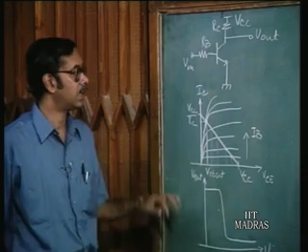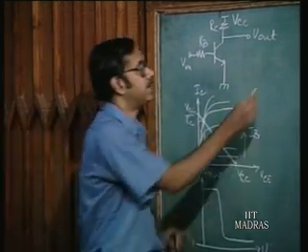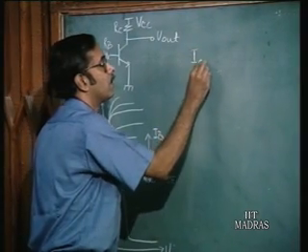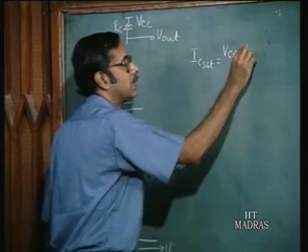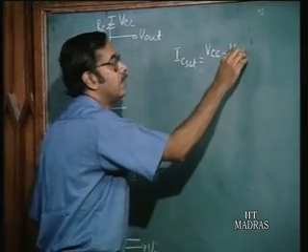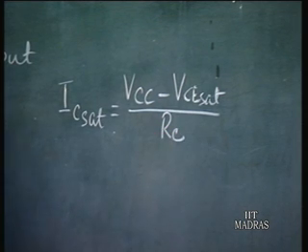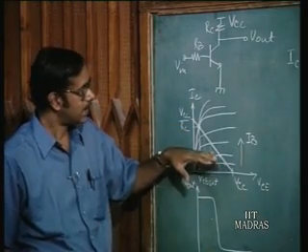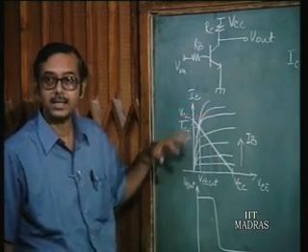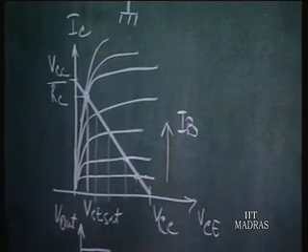When the transistor has gone to saturation, the collector current is given by IC sat, which is equal to VCC minus the collector emitter drop VCE sat divided by the collector resistance. We also know that when the transistor is in the active region, the collector current is related to the base current by a factor beta f, the forward beta of the transistor.